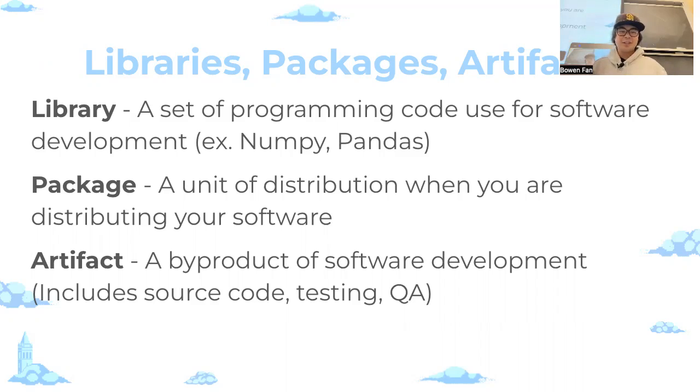Next, you have packages. Packages are a unit of distribution when you're trying to send your software over to different people. When you download Spotify on Mac, or when you're downloading Google Chrome, you're downloading packages from wherever the source is. If you're downloading Google Chrome, you're downloading from Google. Google sends you a package.